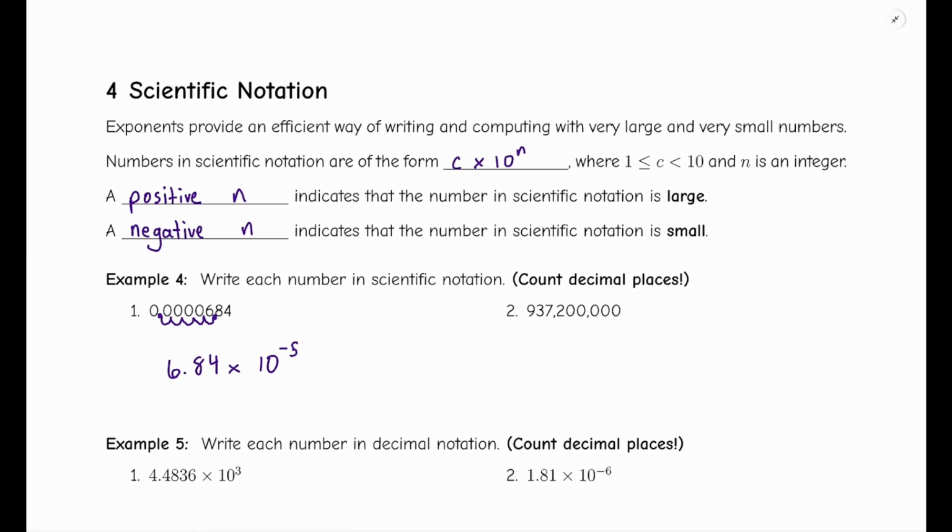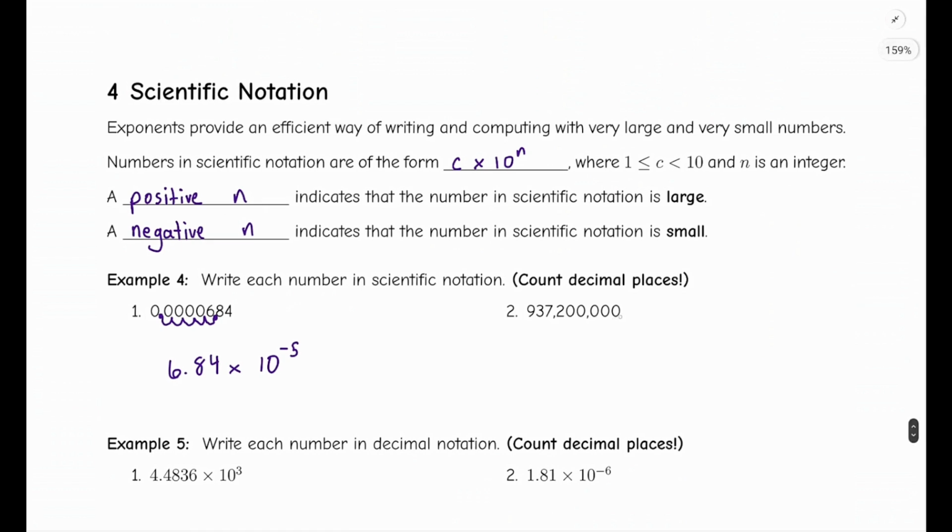Okay. Second one, we have 937,200,000. When you don't see a decimal place, remember that it is right at the end of the number. We just don't write it. And this time, I want the decimal place to go next to the 9. So counting the number of decimal places, we get 1, 2, 3, 4, 5, 6, 7, 8.